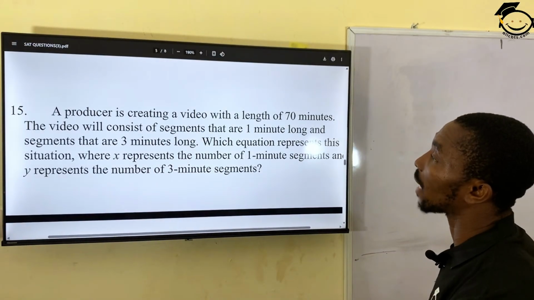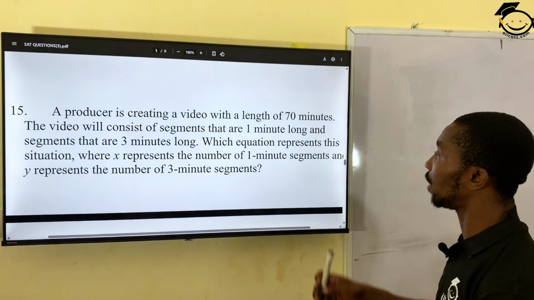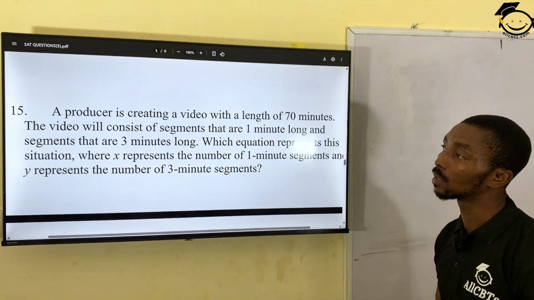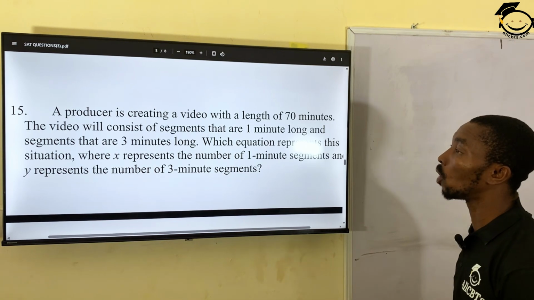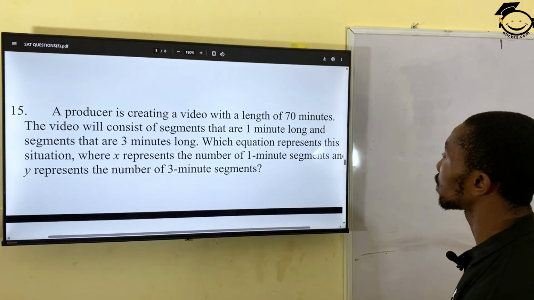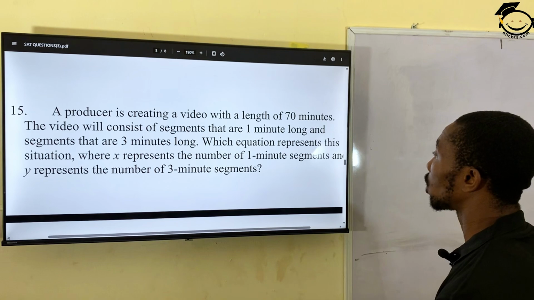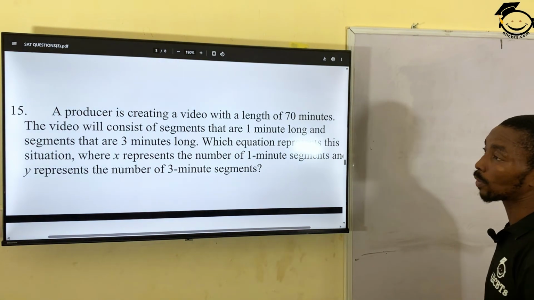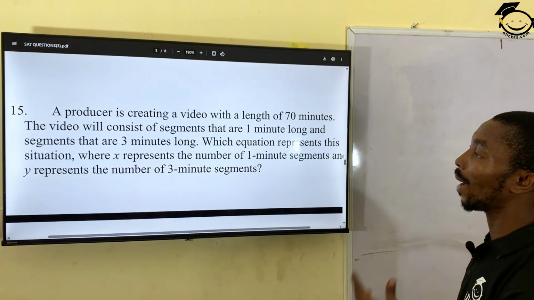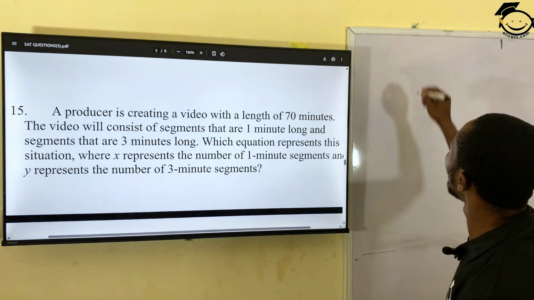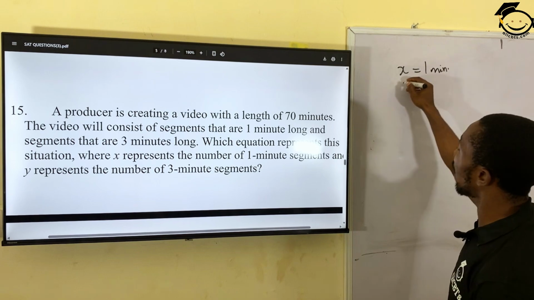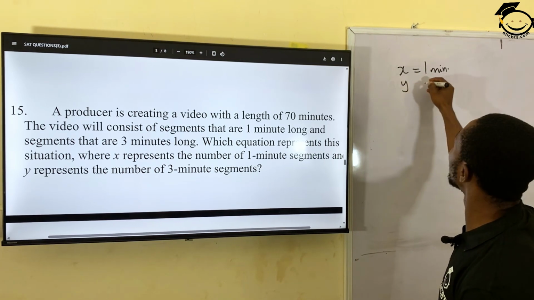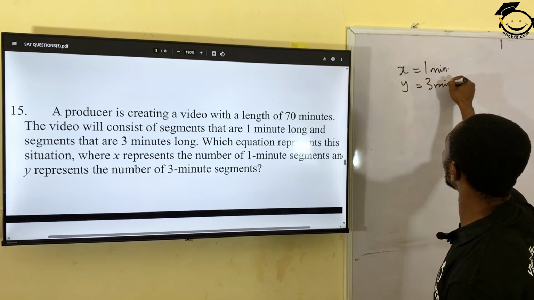A producer is creating a video with a length of 70 minutes. The video will consist of segments that are 1 minute long and 3 minutes long. Which equation represents this situation, where x represents 1 minute and y represents 3 minutes?